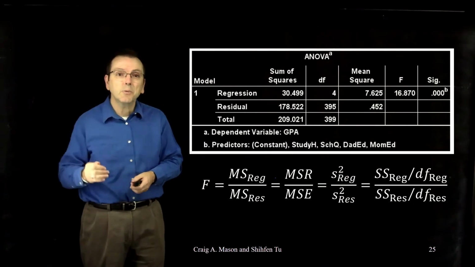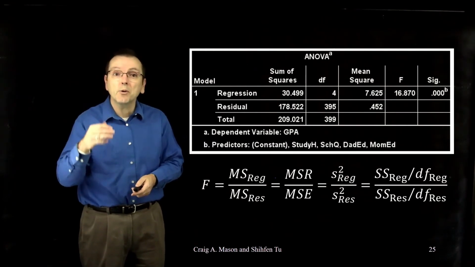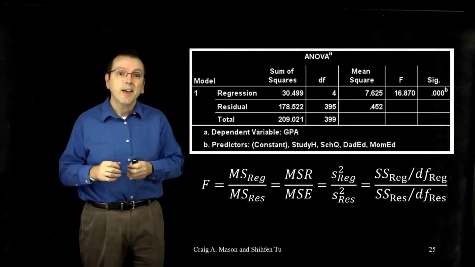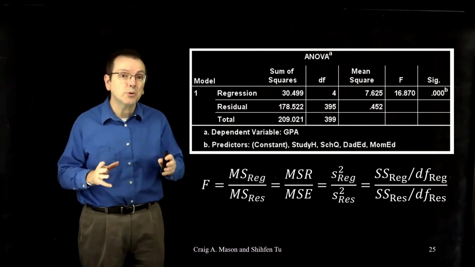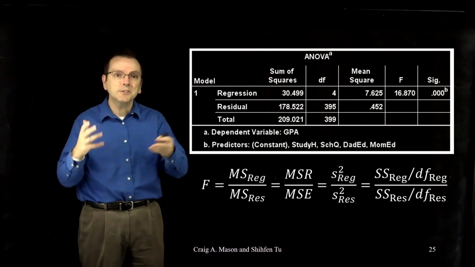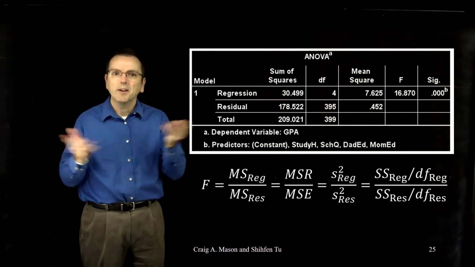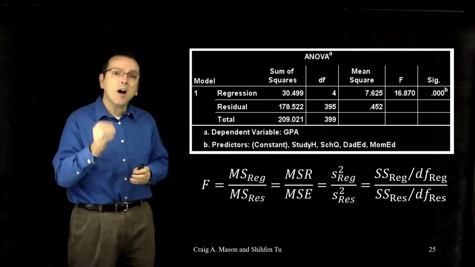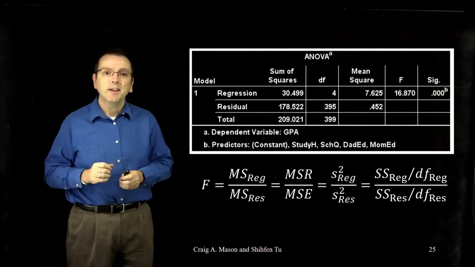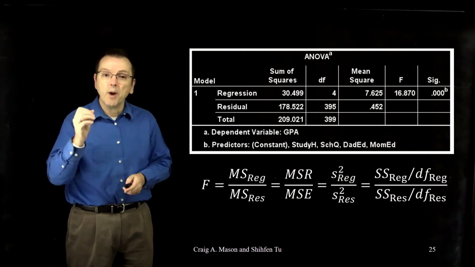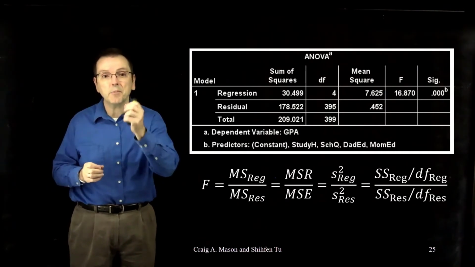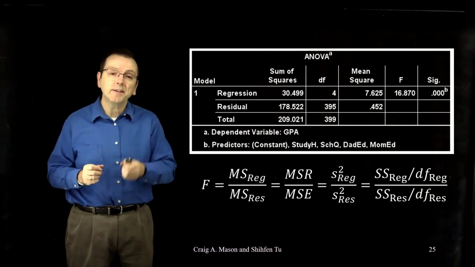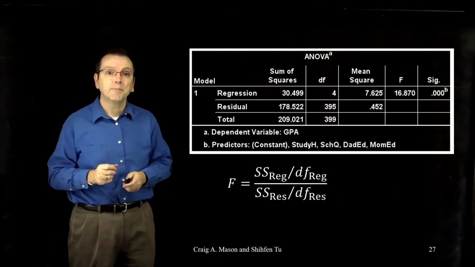So you may see this written as the S-squared regression, or the variance associated with our regression model, and the S-squared residual, the remaining residual variance. But regardless of which way you say it, mathematically these all come down to the same thing: the sum of squares regression divided by the degrees of freedom regression over the sum of squares residual divided by the degrees of freedom residual.